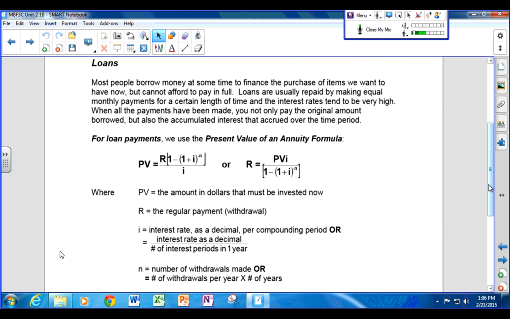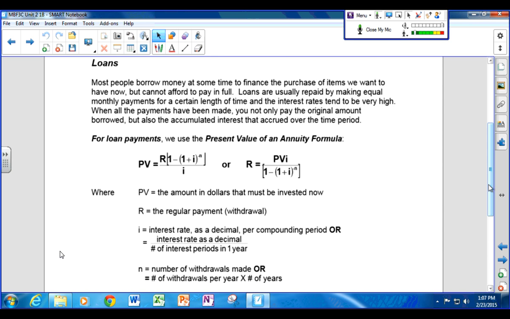It's slightly different, because when we were looking at investments, we weren't really making or getting regular payments. But that's what we're going to look at in this chapter.